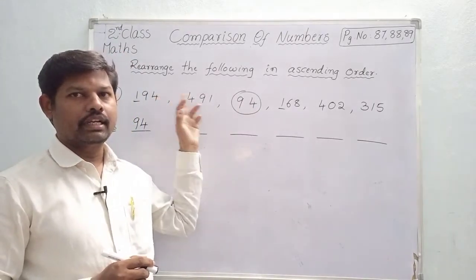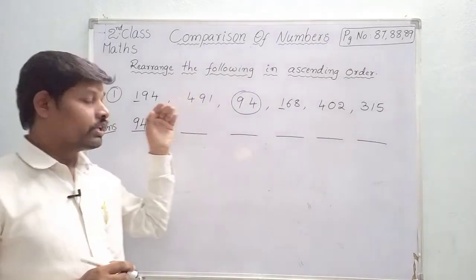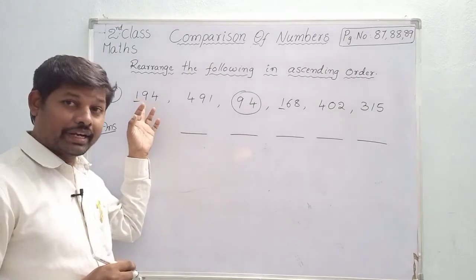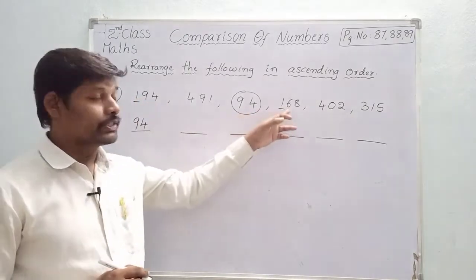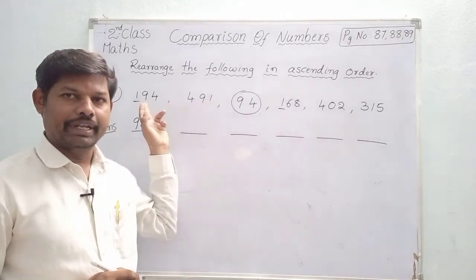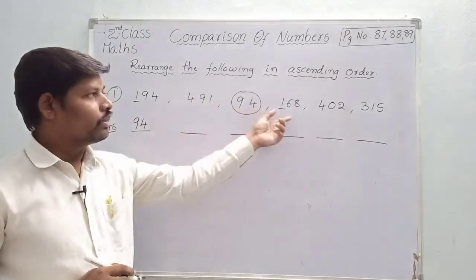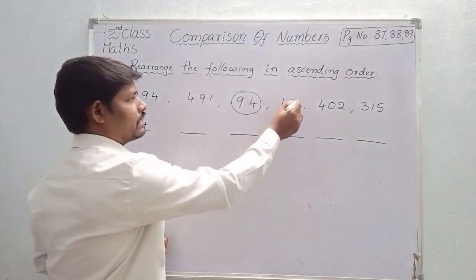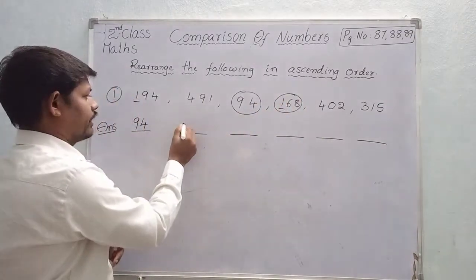Here 1 is there. Here also 1 is there. Then compare next number. Tens place, here 9 is there, here 6 is there. So 6 is small number comparing with 9. So we have to write this number as a second number, 168.